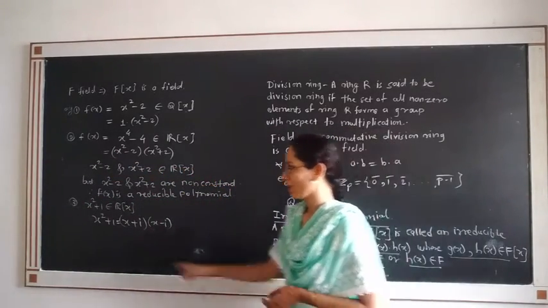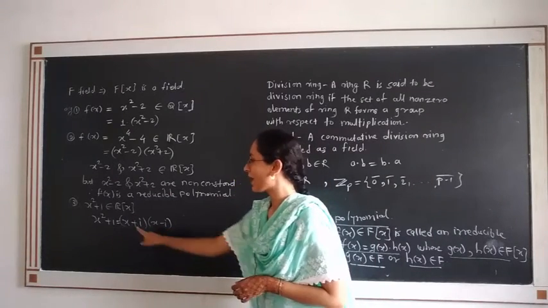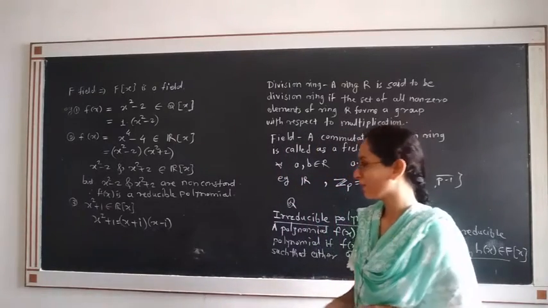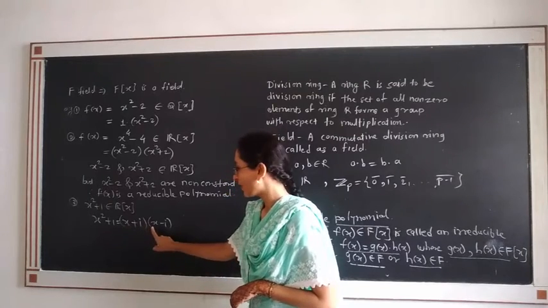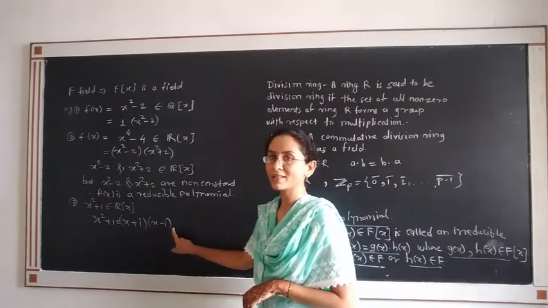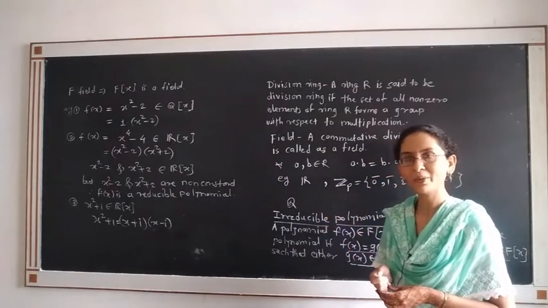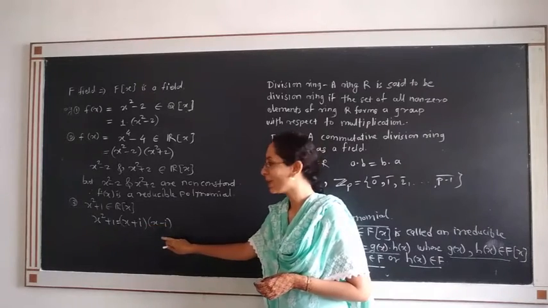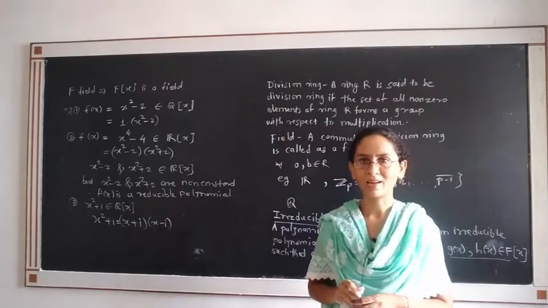Now see, these are the factors of the polynomial x square plus 1, but neither of the factors has coefficients from the set of real numbers. What are the coefficients? 1 and plus i, 1 and minus i. But i and minus i are complex numbers that do not belong to the field of real numbers. Therefore, the polynomial can be factorized, it is okay, but the factors do not belong to the same field R[x].